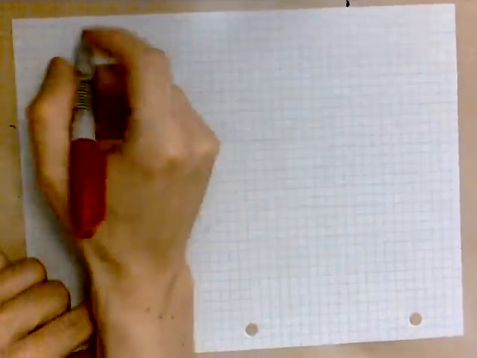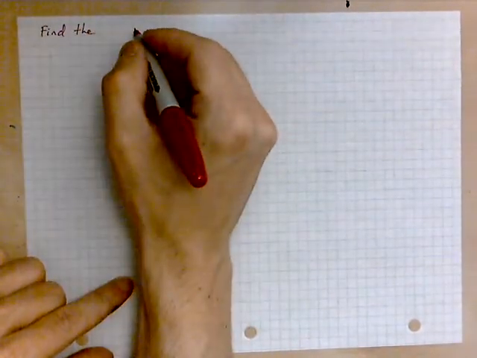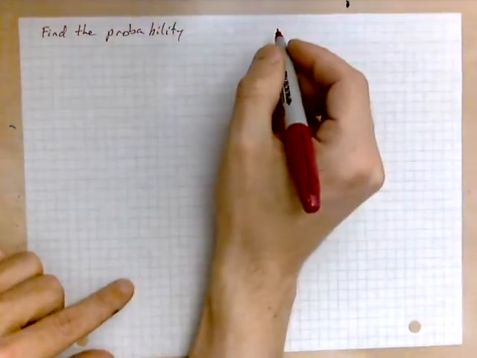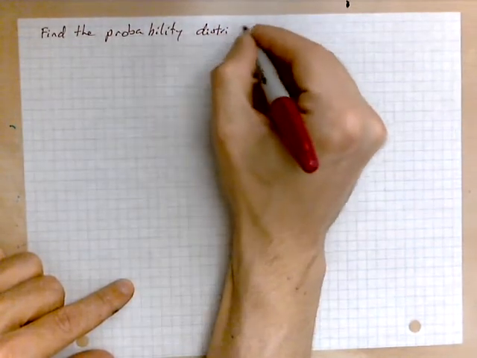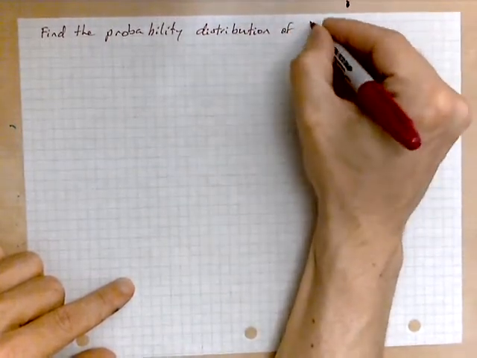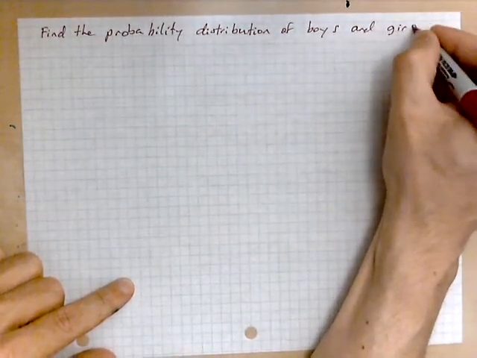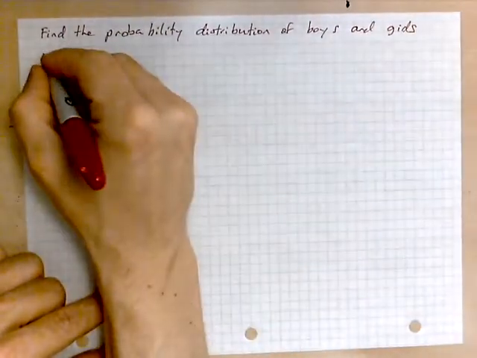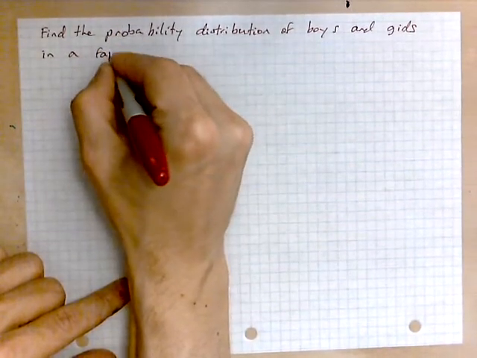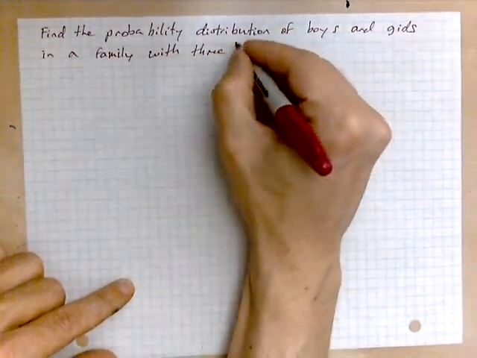We have to find the probability distribution of boys and girls in a family with 3 kids.